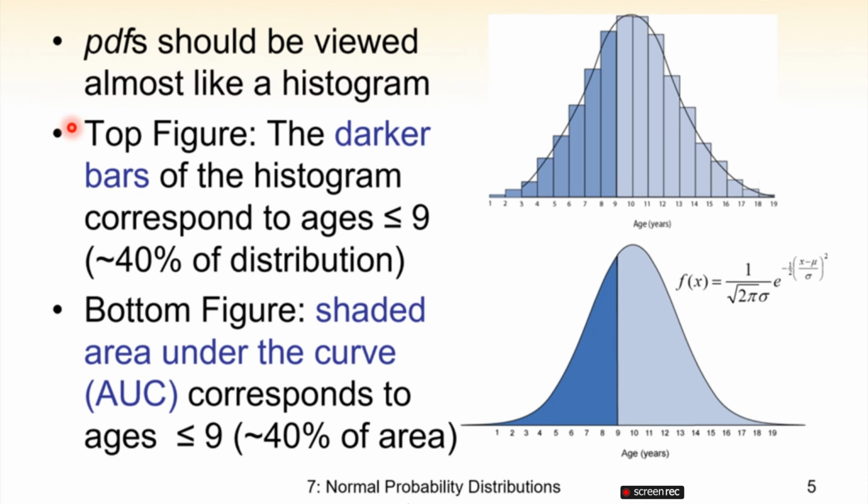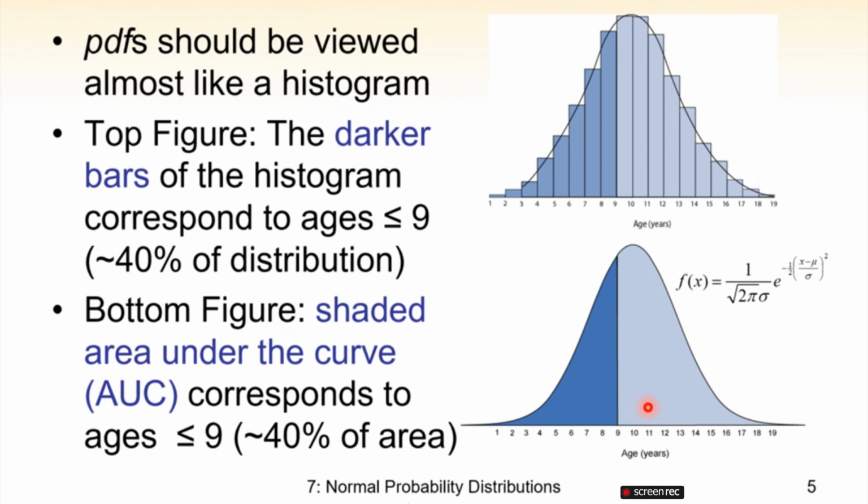Now, at the top, you can see the top figure, the dark bar of this histogram actually corresponds to less than 9 months of age, okay? And that forms about 40% of our distribution from this particular graph.